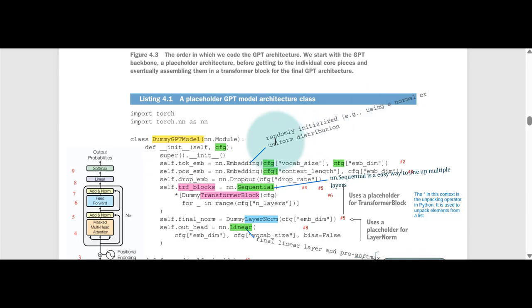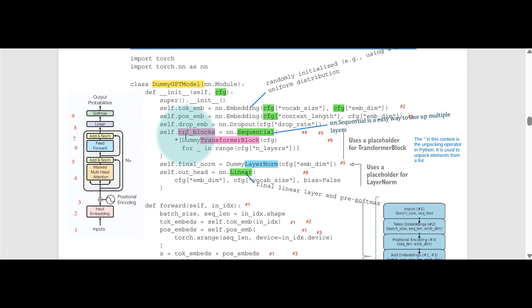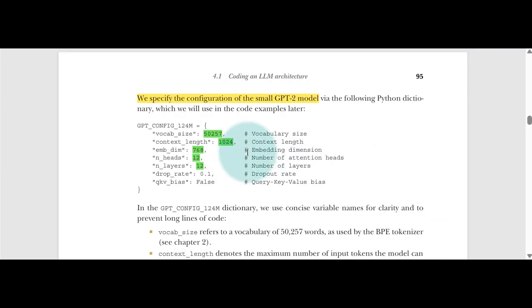Okay, so let's take a look at this a little bit more clearly. So of course these are familiar. This is the name of the whole GPT model. We'll get rid of the dummy part eventually. So here's the init, and it's going to accept the config file, and the way that's going to be run is this file here.